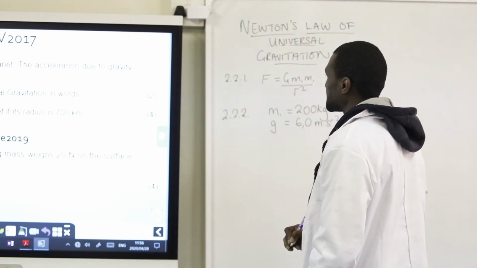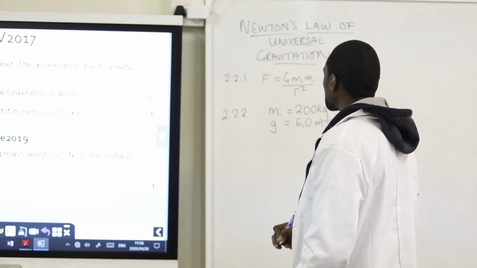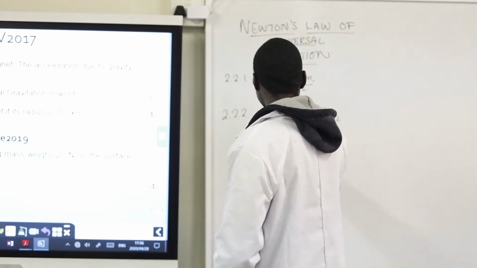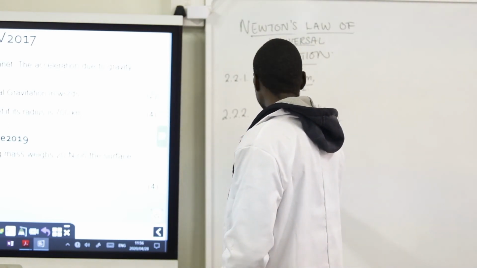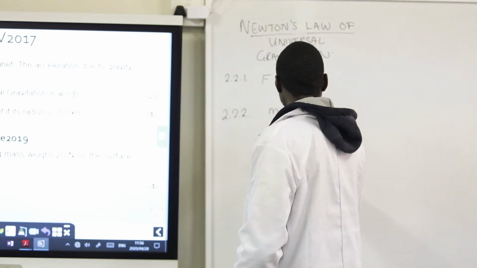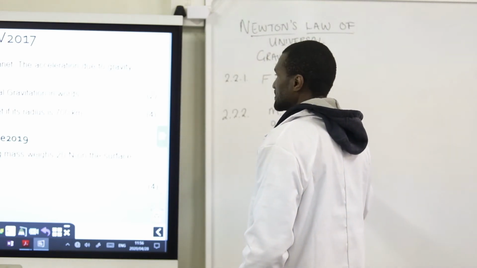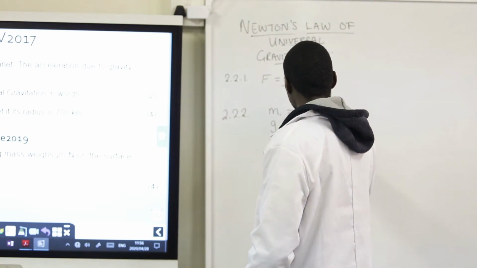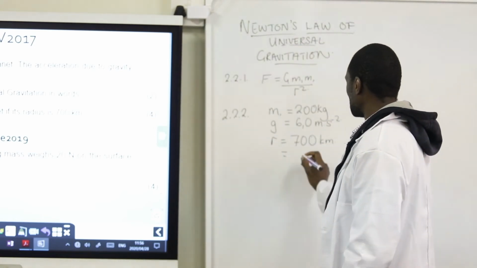And this question is asking us to find, we got a radius. R is equal to 700 kilometers. But our radius should always be in meters.